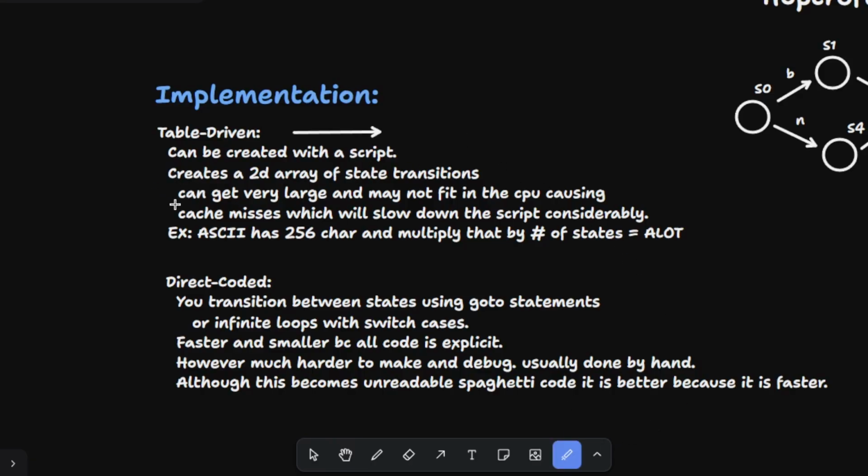And this can get very large and it might not fit in the CPU cache, which causes cache misses and will slow down the script considerably compared to a direct coded example. For example, ASCII, right, has 256 characters. Multiply that by the number of states, it's going to be a lot. It's going to be a huge array, right?